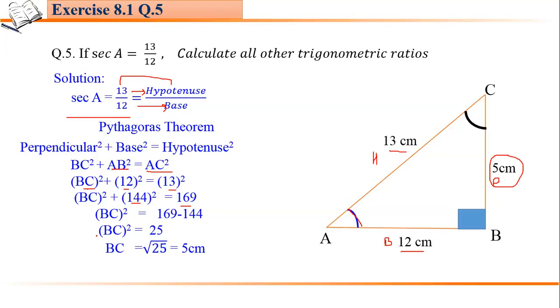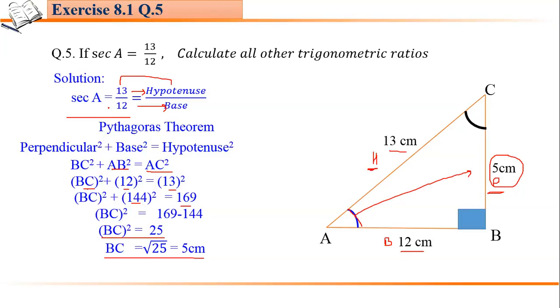From here we get that BC square is equal to 25, or BC is equal to 5 centimeters. So this side BC is 5 centimeters, and because this is opposite to the angle A which we are considering, this will be our perpendicular. This is our base and this is our hypotenuse.